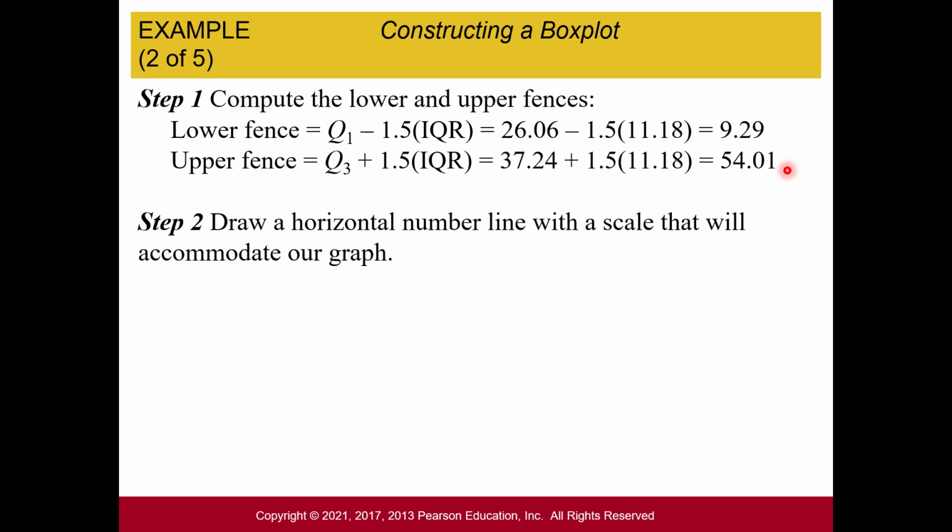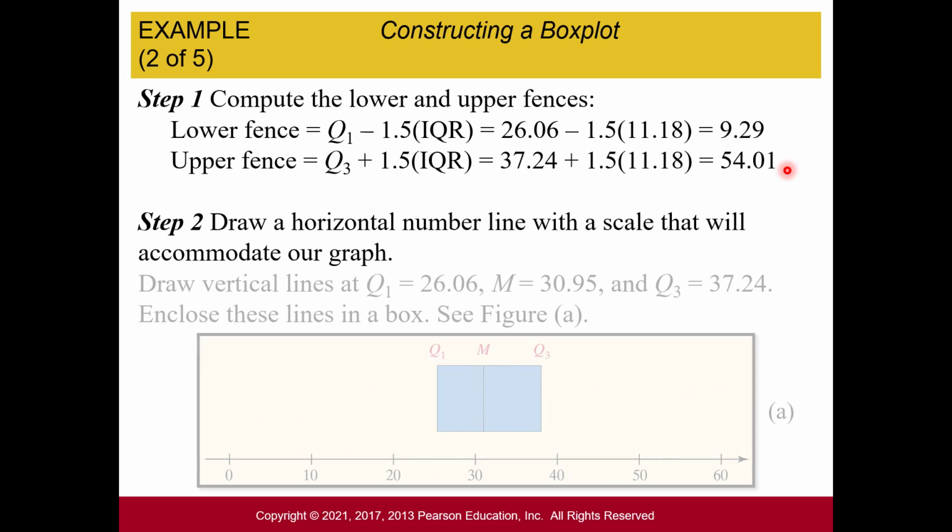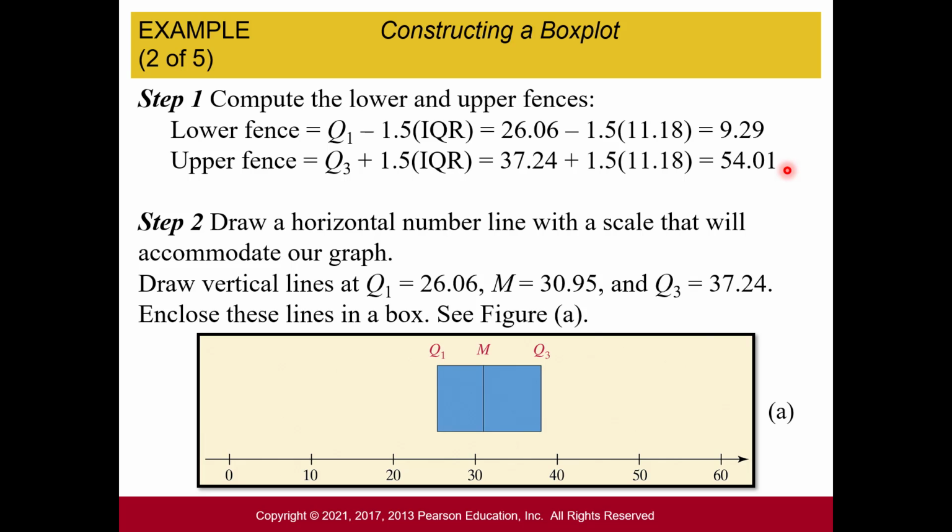Now we're going to draw our horizontal number line, and we want it to encompass our data values. If you recall, our largest data value was in the 50s, so we can draw a number line going from 0 to 60, and it will cover all of our data values. Then the vertical lines are drawn at Q1, the median, and Q3, and then you just close them in to form a box.